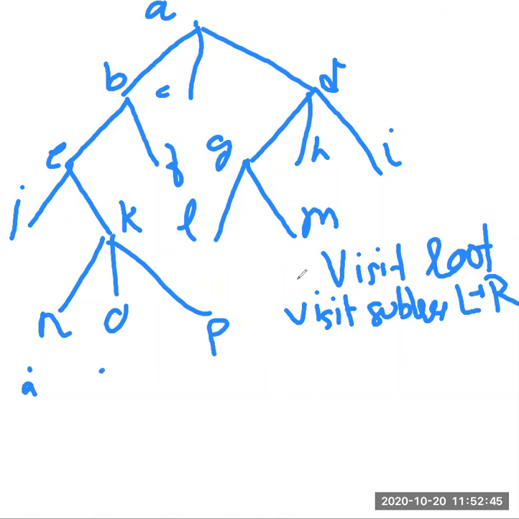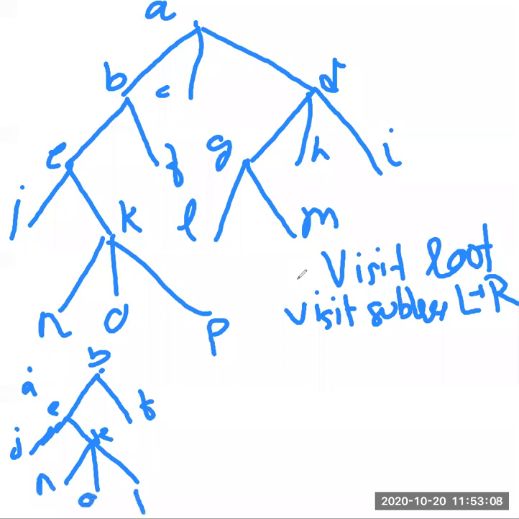The tree starting at B: B, E, F, then J and K. K has 3 children, N, O, P. So this is one subtree.